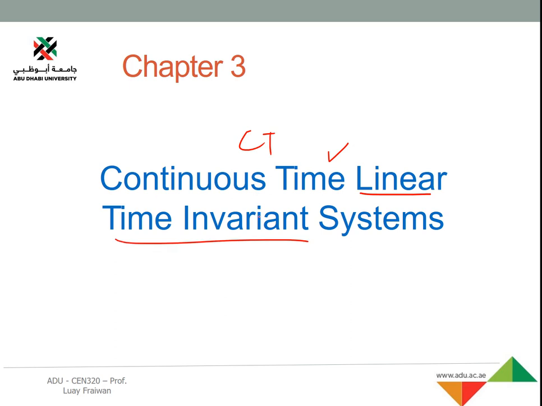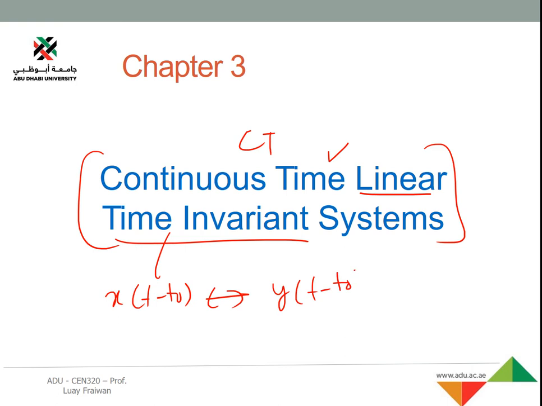We have learned the characteristic of time invariance: if you make a shift in the input, you should get the same shift at the output, then your system will be time invariant.